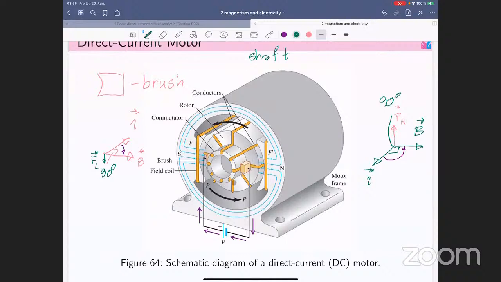This shaft, or this rotating part, simply called the rotor, is going to turn away, rotating like this in the counterclockwise direction.